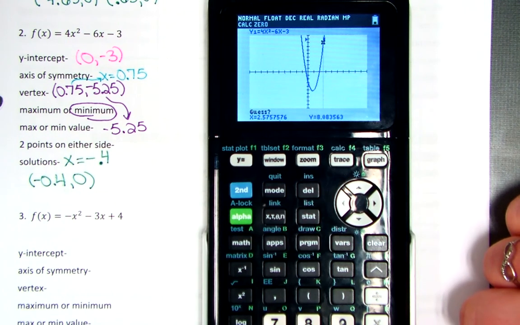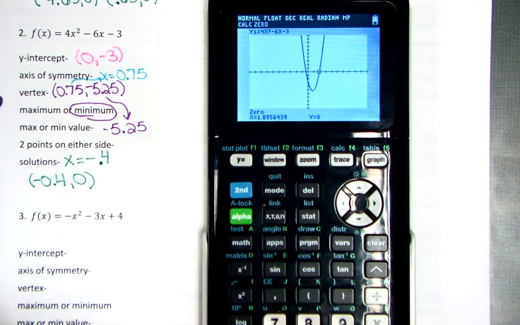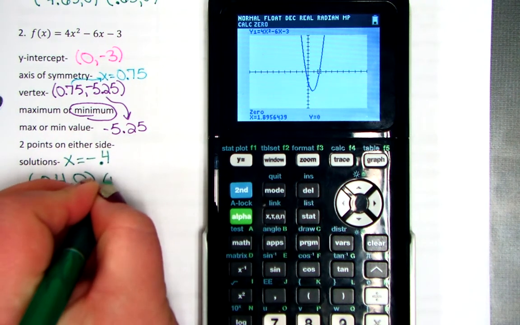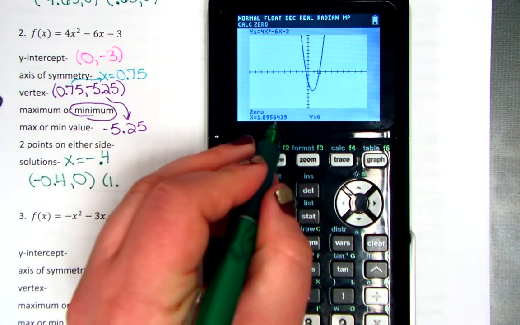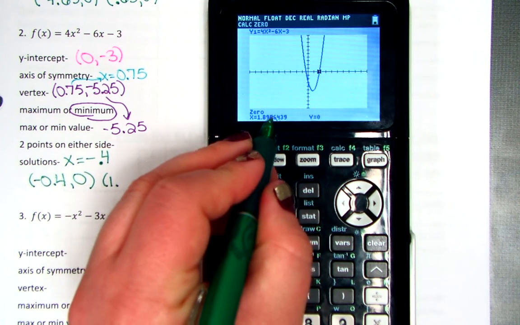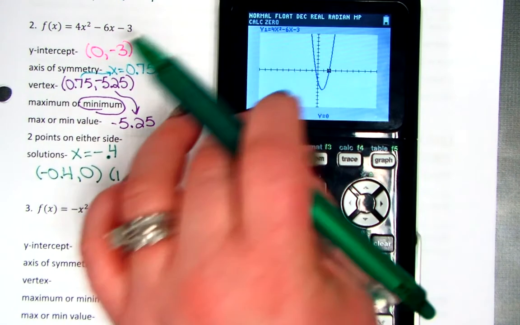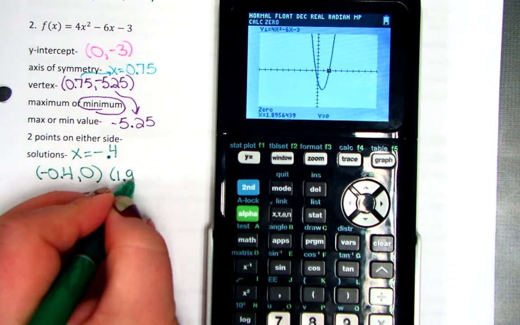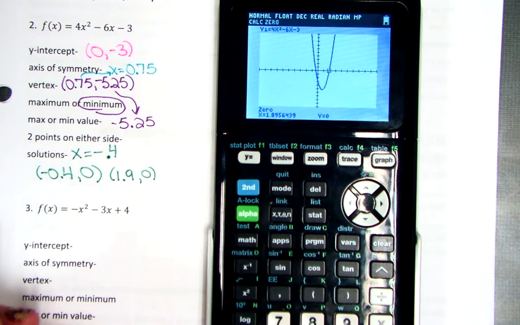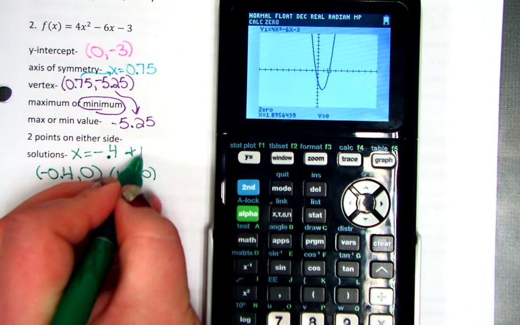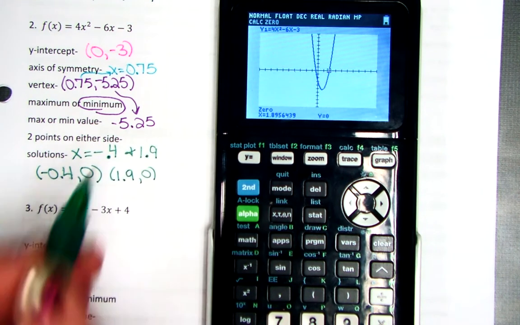They're pointing at each other. There's one zero in between them. So our next x-intercept will be at 1 point, and this 5 will make the 9 change, and that will also make the 8 change to a 9. So our other solution will be at 1.9.